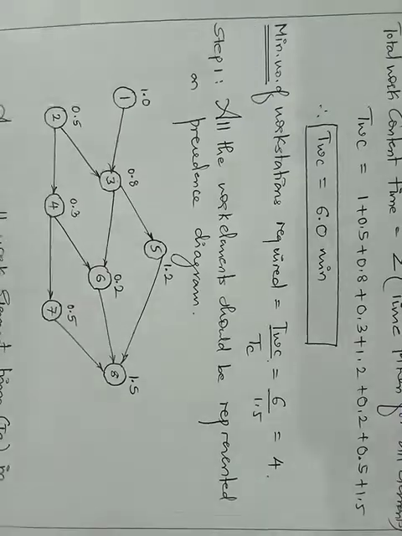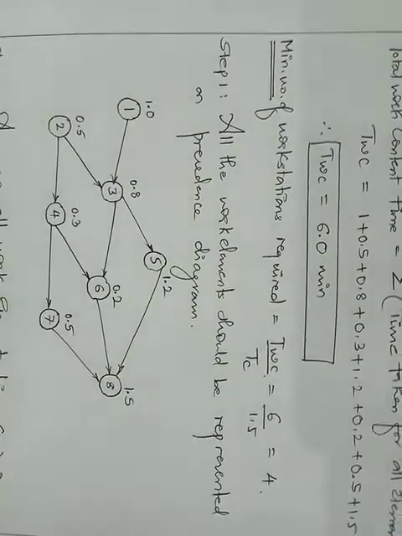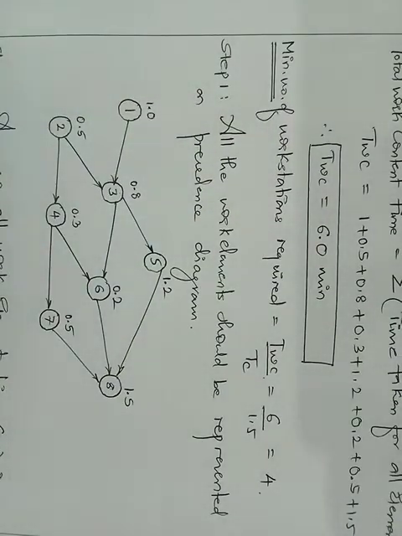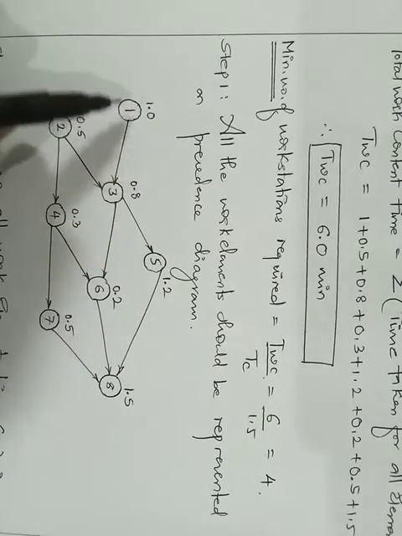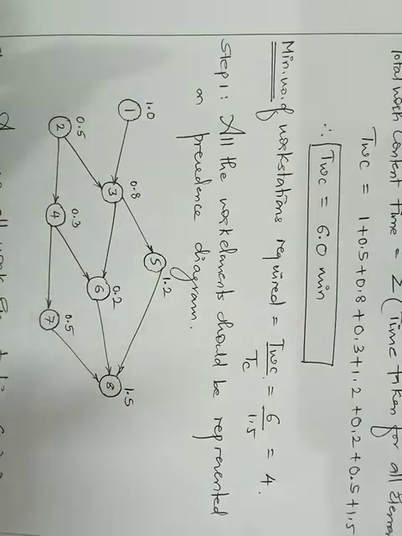I hope things are clear. You got to know how we are going to draw this precedence diagram. It depends entirely upon whatever input data is given in the problem. Depending upon that, I draw the precedence diagram, then write the respective element time upon each element. You just need to encircle it and write the work element time.